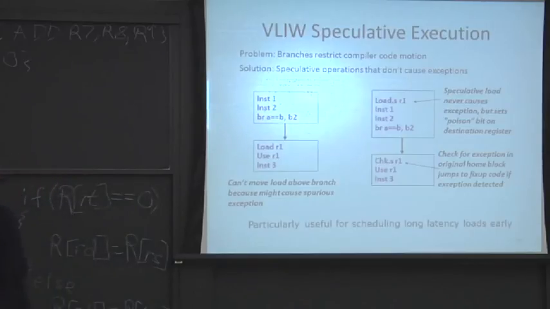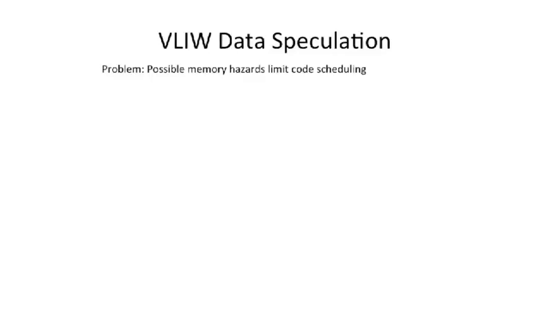OK, so let's move on to another type of speculation, and this is data speculation. In data speculation, our problem is we have memory hazards that are going to limit our scheduling, especially if we have to do all the scheduling statically.